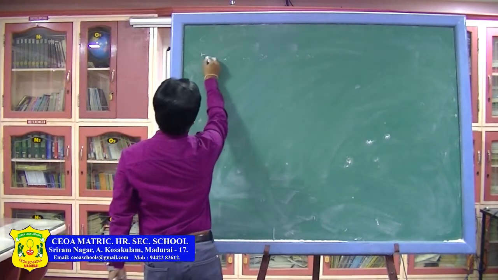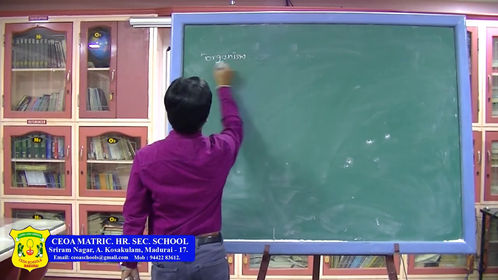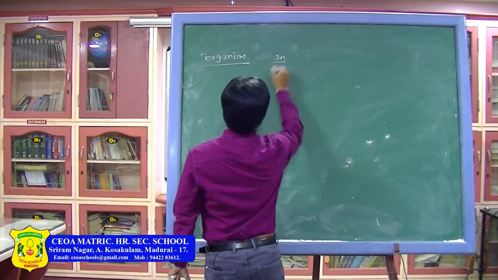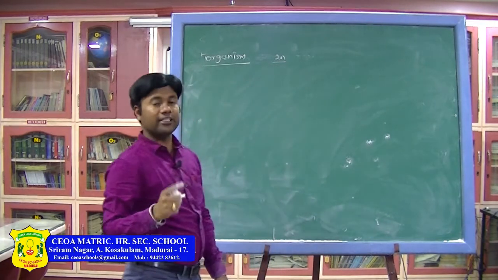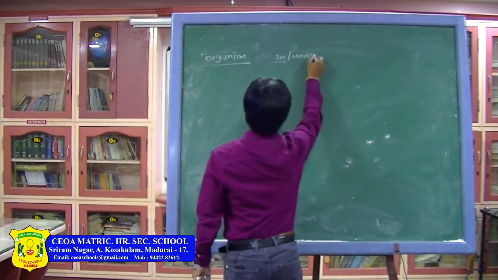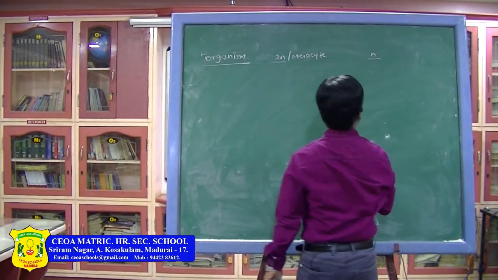See, I am writing here organism. Here 2n, that is the diploid condition, that is a meiocyte. What can you write here? Meiocyte. Here n, haploid condition.